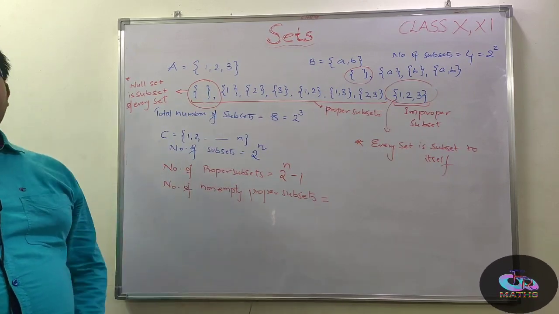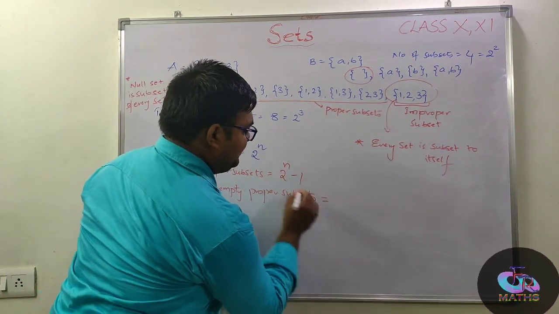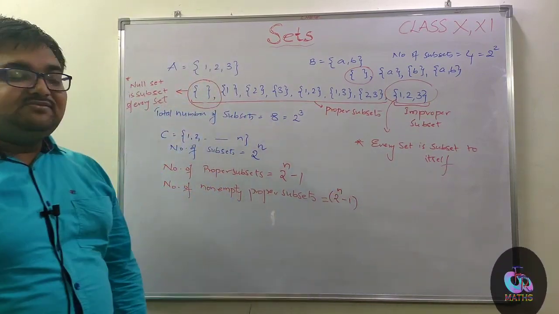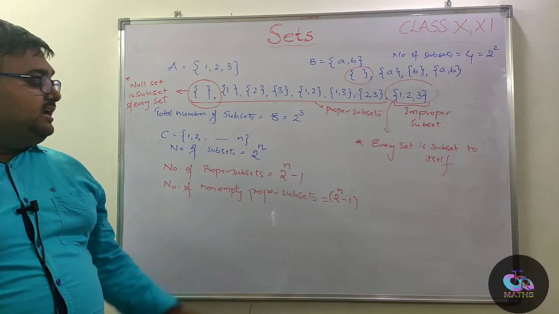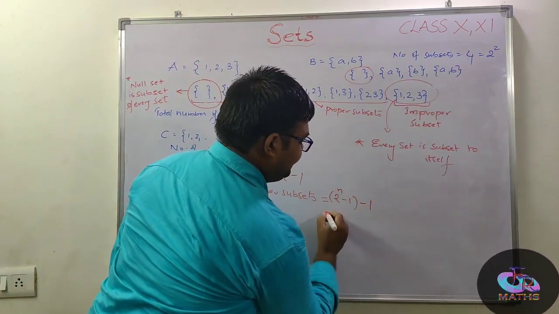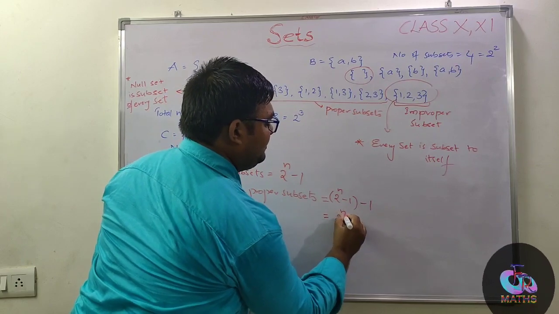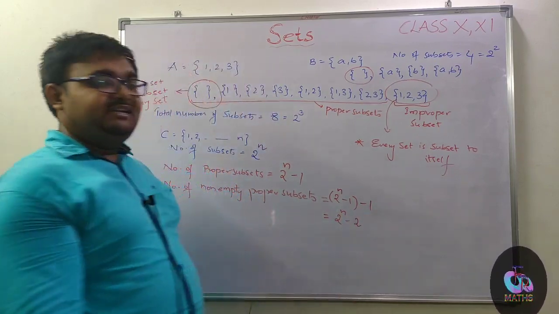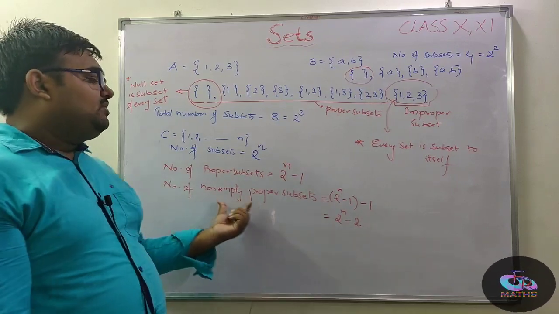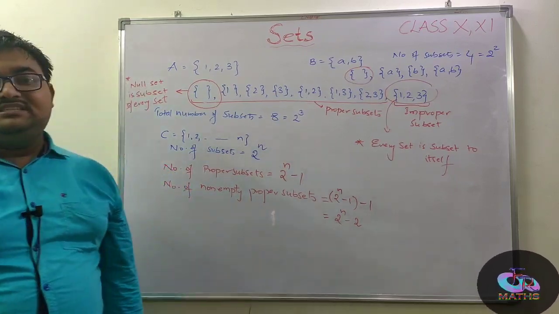So that particular set also we need to subtract. So already number of proper subsets is 2 power n minus 1. From those I need to remove that particular empty set, which is nothing but minus 1. So from this what I am going to get? 2 power n minus 2. So this is nothing but the formula to find out number of non-empty proper subsets.